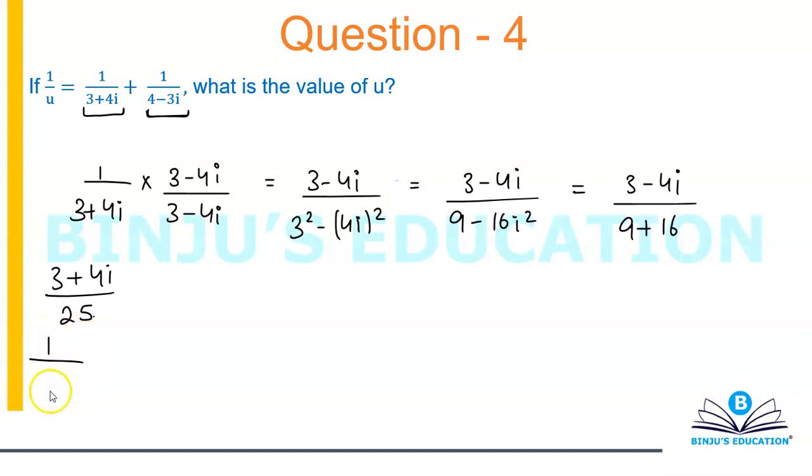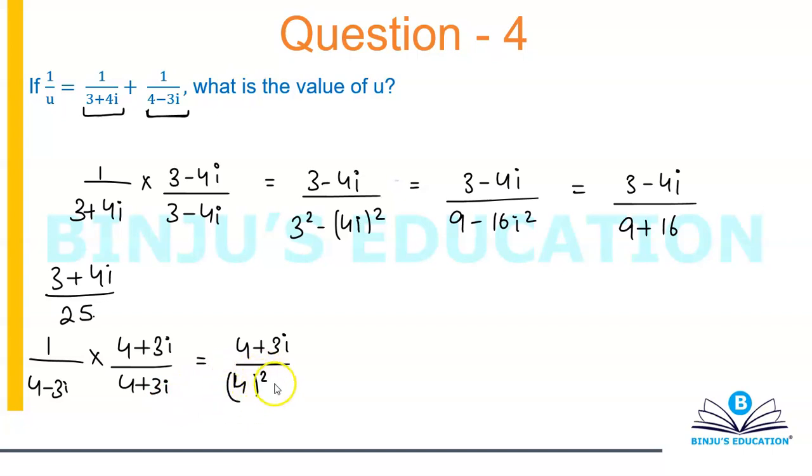If I have 1 over 4 minus 3 iota, this will again become 4 plus 3 iota divided by 4 plus 3 iota. So this will become 4 plus 3 iota, and again a square minus b square, so let me write this as 4 square minus 3 iota square.